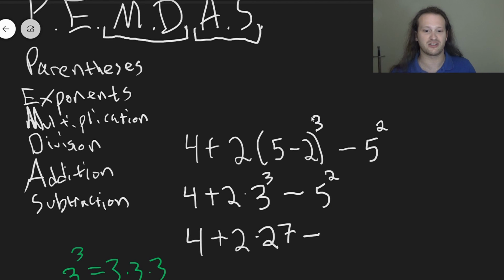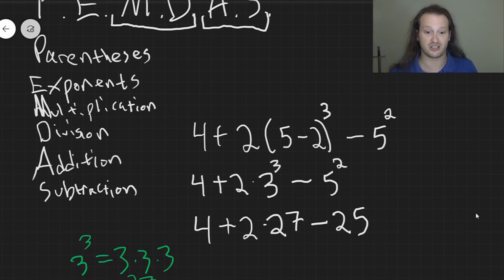Like this exponent did not want to see this 2 because this multiplication is too far away on the order of operations to see anything else other than what's inside these parentheses, which is this 3. Same thing here. This exponent is so far away from the addition and subtraction, so this definitely doesn't want to look at anything that this has to do. So 5 squared is 25.